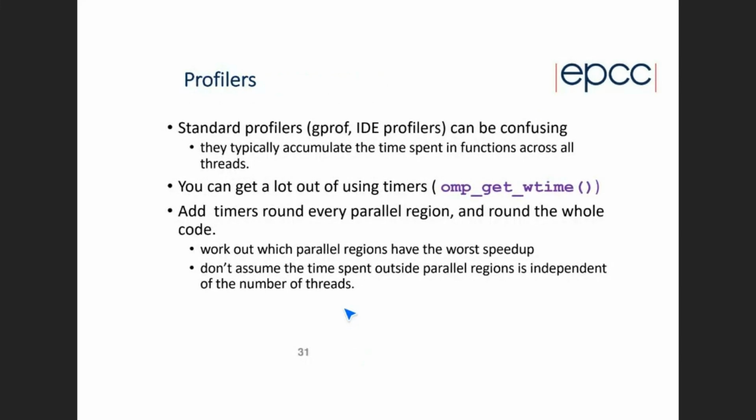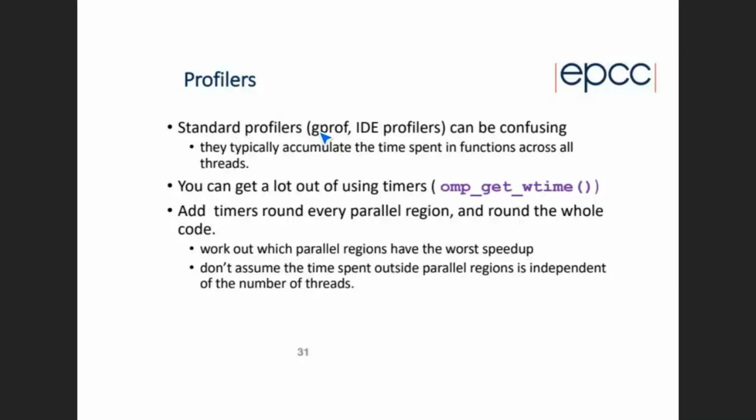Just a word about tools here. I'm not going to go into any detail, but standard profilers, things like standard Linux gprof, or the kind of profilers you get in IDEs, your favorite development environment, can end up being pretty confusing for multi-threaded code, because what they typically do is just accumulate the time spent in functions across all the threads.